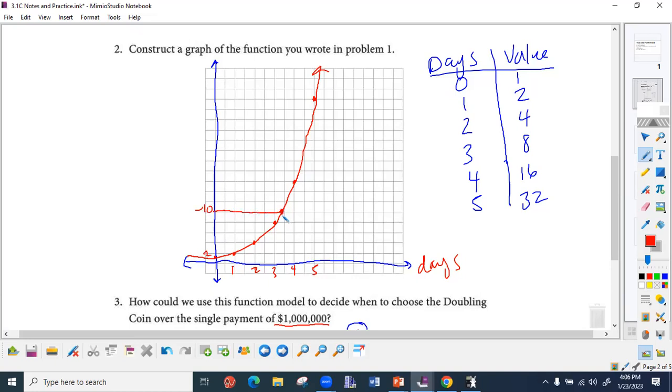Based on my graph, a little under 3.5 days, I would have $10. Okay, that's how you would use your graph. You're doing the inverse of it. So the goal is to understand that the inverse of an exponential is what? Log, right? To undo the exponential, we have to use log.